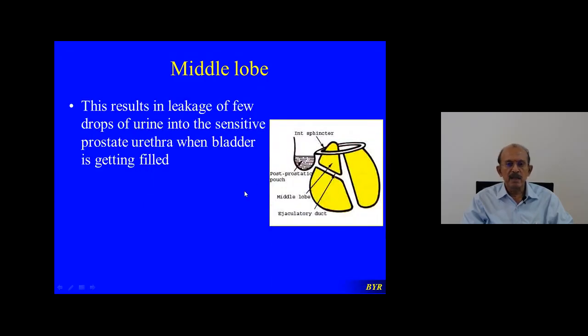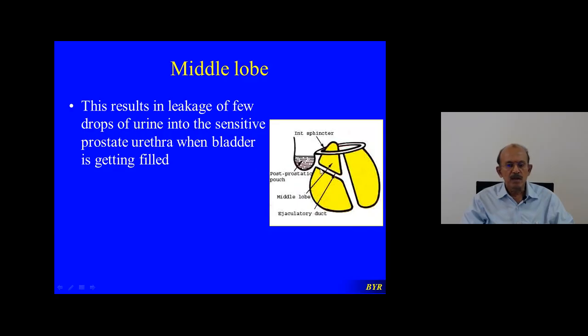This results in leakage of a few drops of urine into the sensitive prostatic urethra when the bladder is getting filled. We have seen the capacity is about 350 ml. Even when there is some 100 ml, 150 ml, this urine will leak into the prostatic urethra because the internal sphincter is not tightly closed.